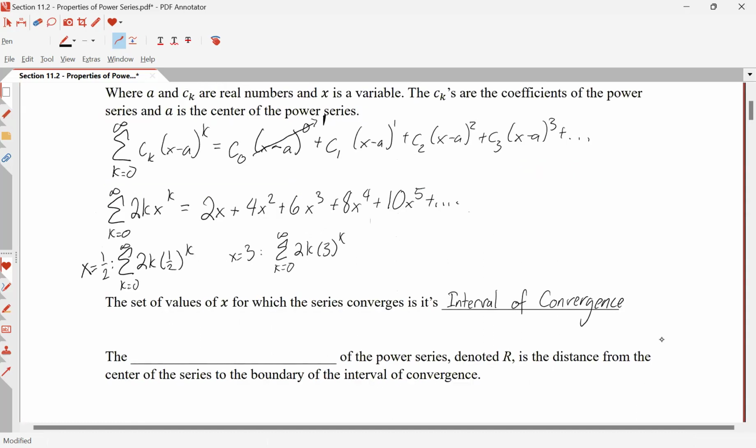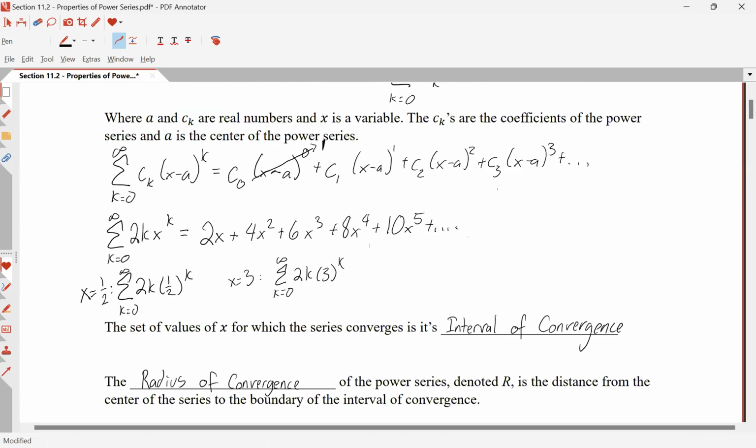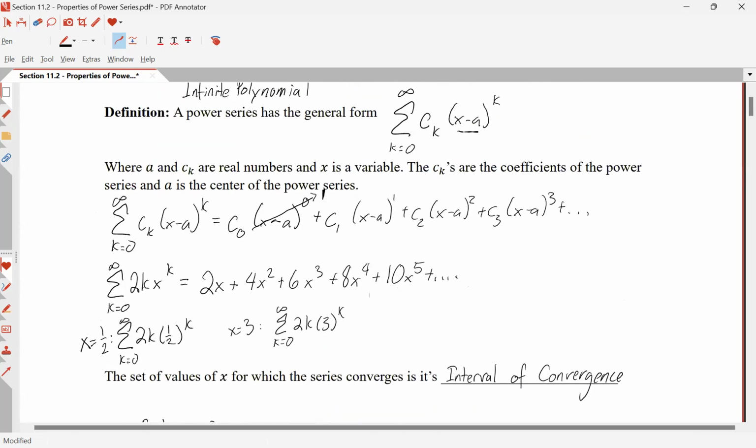The radius of convergence is a distance r from the center of the series to the boundary. So remember, we had this idea where we have a center. The center is really what makes this 0.